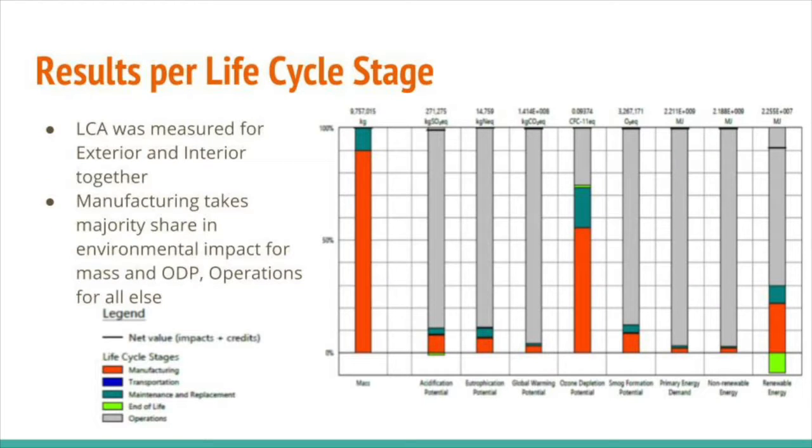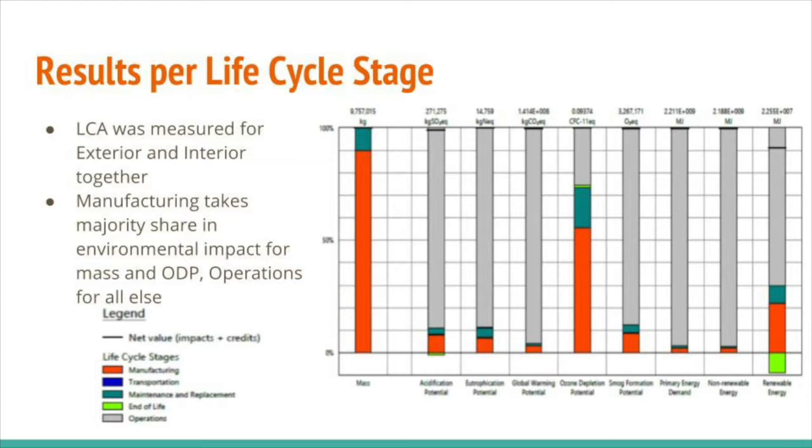Slide 13 discusses the level of environmental impact that each category holds over each stage of the life cycle. It shows in this graph that manufacturing takes the majority of the environmental impact for two categories, namely mass and ozone depletion potential, while operations reign supreme for all the rest.